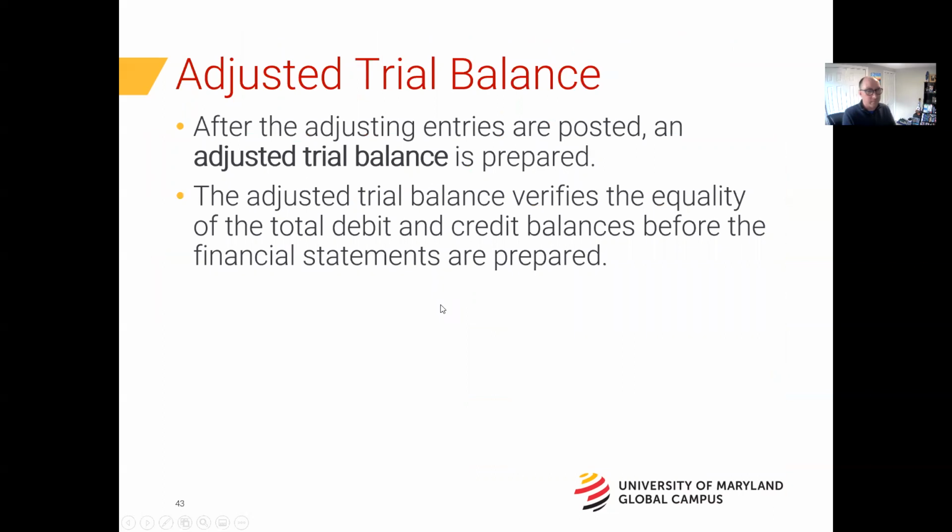Okay. So earlier I mentioned that during the adjustment process, we have the unadjusted trial balance. Now let's talk about the adjusted trial balance. This is done after we have made the adjusting entries. We prepare the adjusted trial balance, and what this does is verify, after the adjusting entries are made, that debits equal credits.